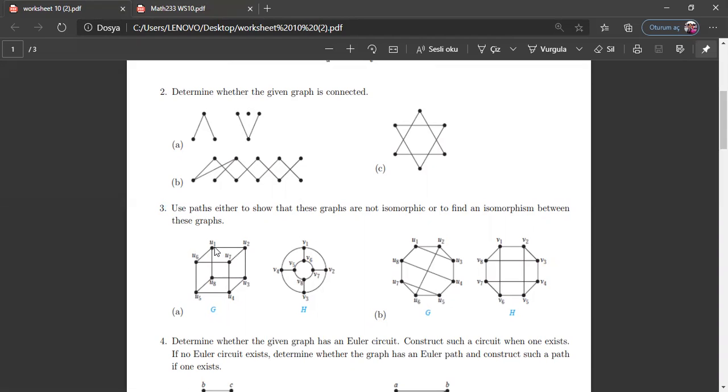Okay, the only way now is that we will count the circuits first. For example, for the first graph, we see that we have one circuit here, right? And another one on the below of the cube here. And here we have another. So as you see, if you count them, there are 6 circuits here.